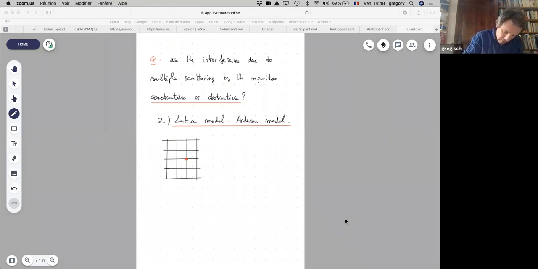Okay, and so the particle is a quantum particle, but it lives on Z^d. Okay, and that means that the positions are just labeled by an integer, I'll say a vector R_n. Okay, so n is the label of the site.